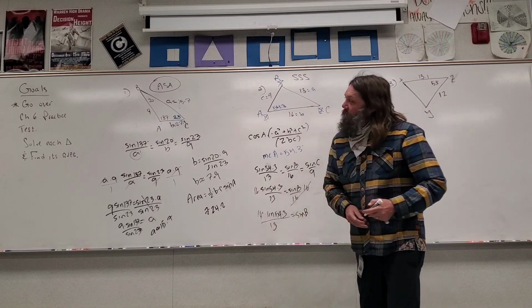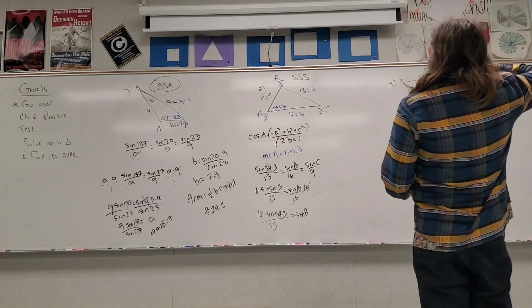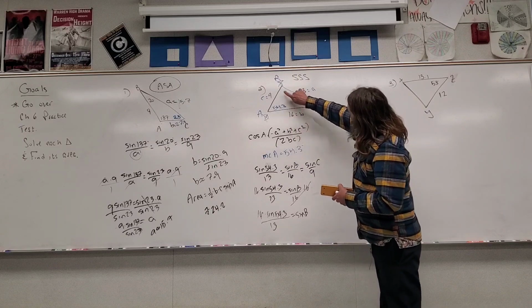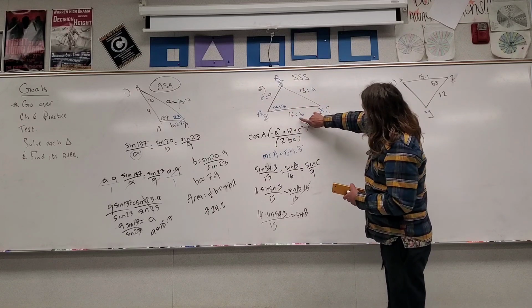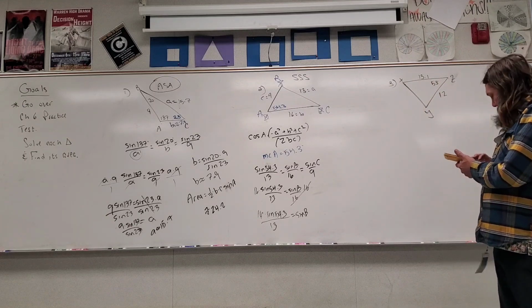Now remember, when we're finding an angle, again, we have to use the inverse function. All right, so sine of B. I know that it will be a little bit larger than angle A because its opposite side is a little bit longer, so it has to open up more to make that work. So let's see here.